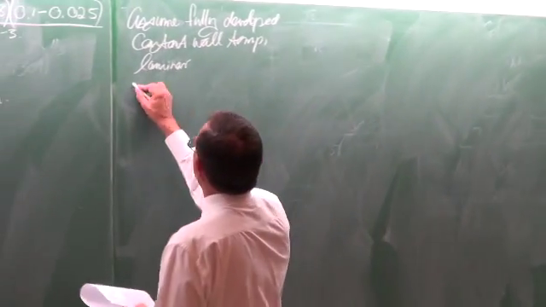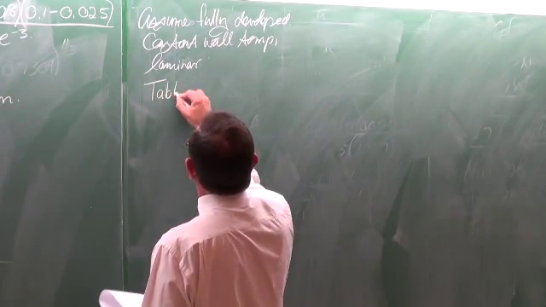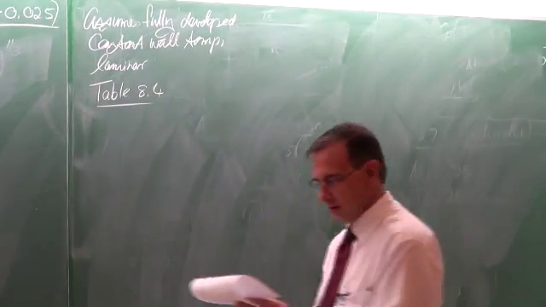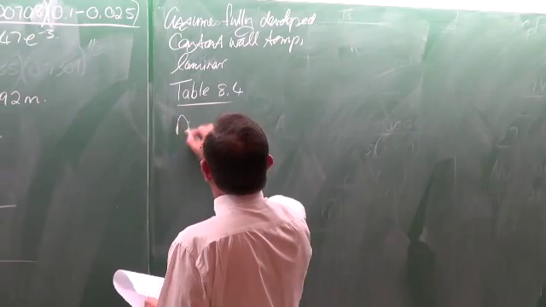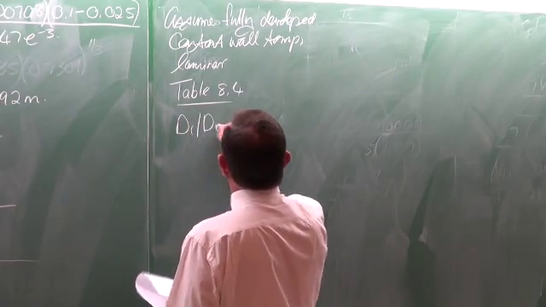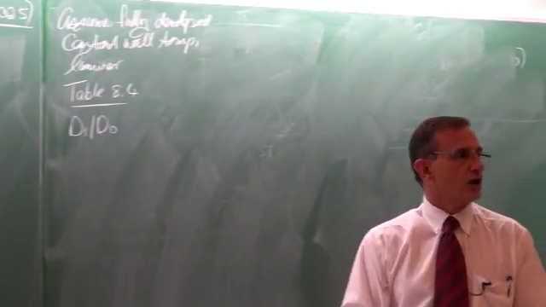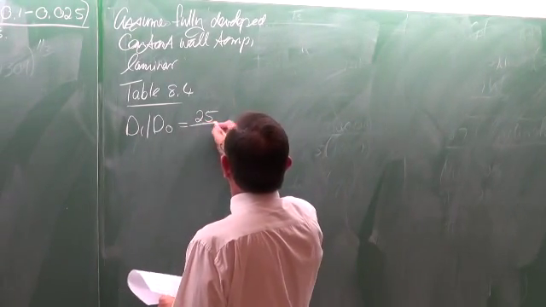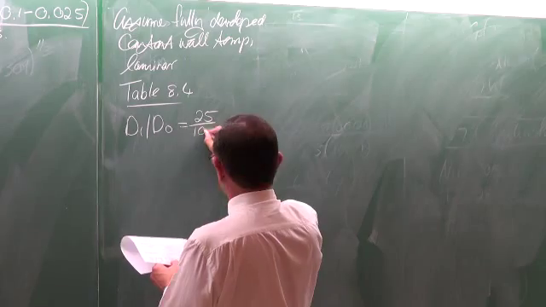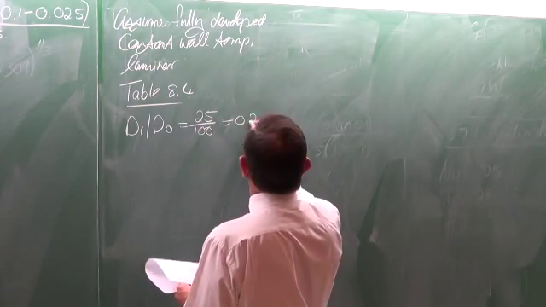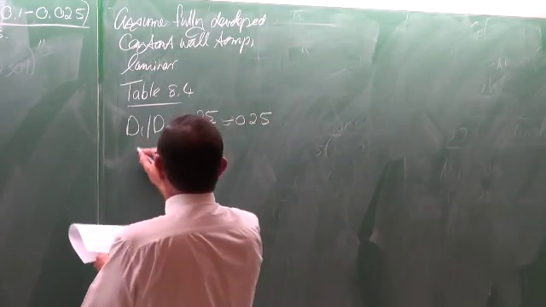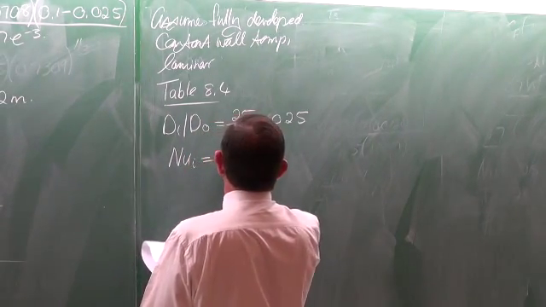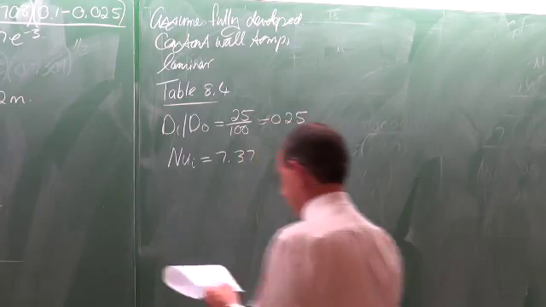Okay, now in table 8.4 in your textbook, as a function of the diameter ratio, which in this case would be equal to 25 divided by 100, which is equal to 0.25, there you can get that the Nusselt number is equal to 7.37.